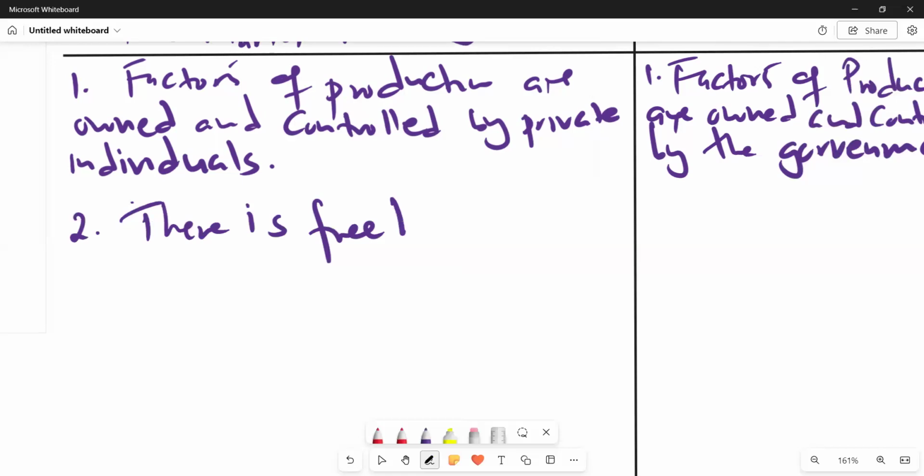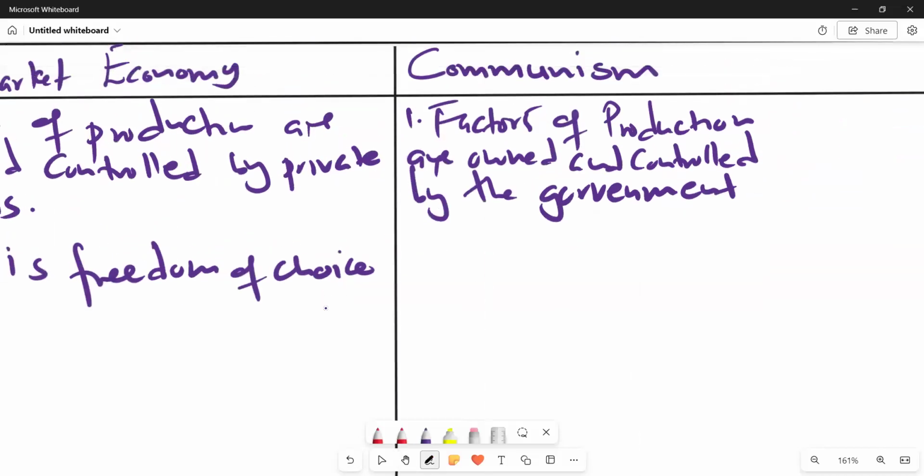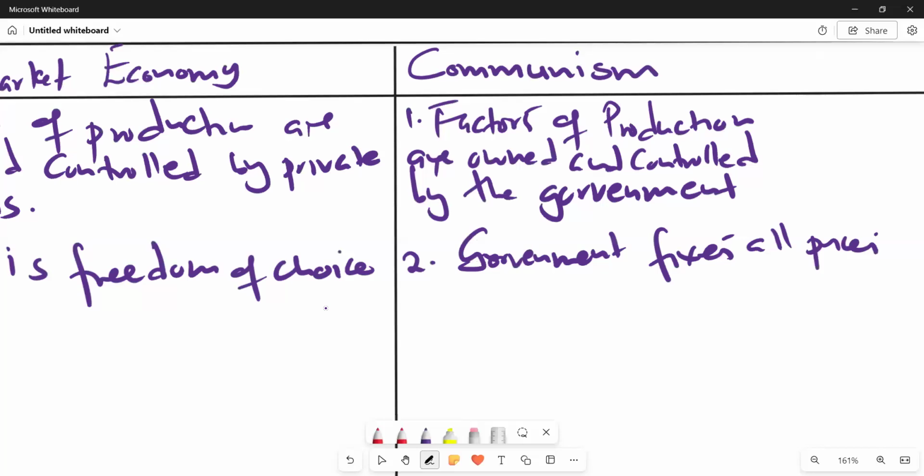And then under communism, we are saying government fixes all prices and takes all the profits.